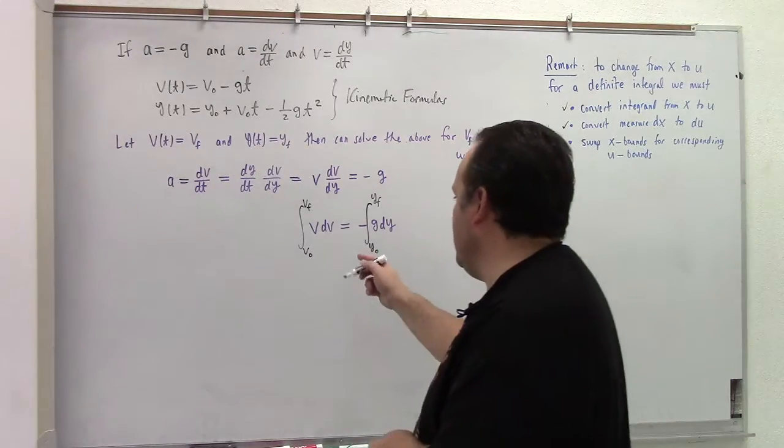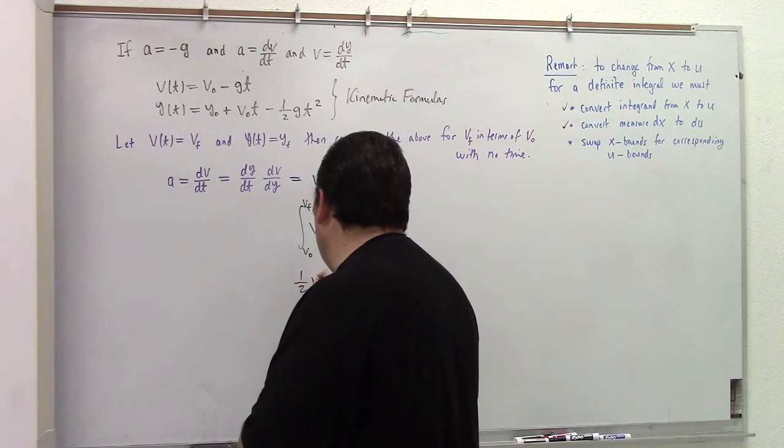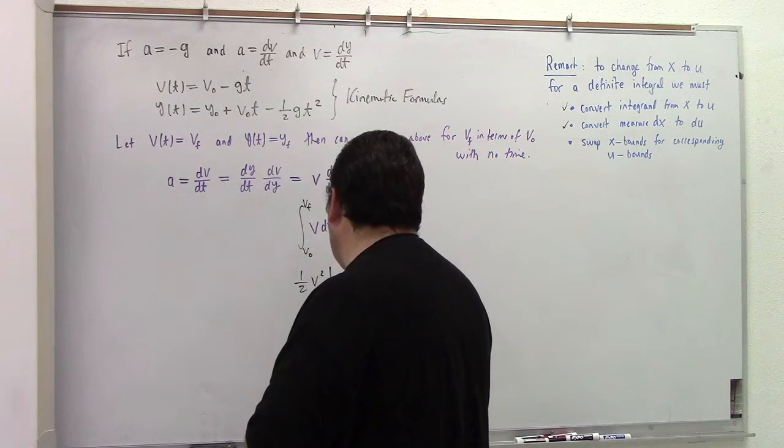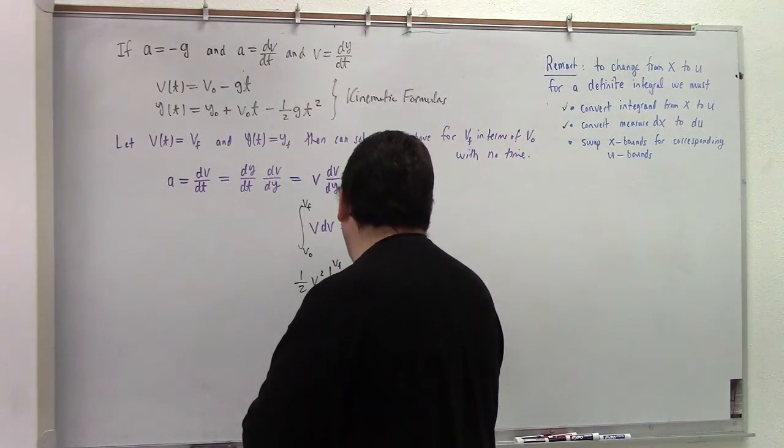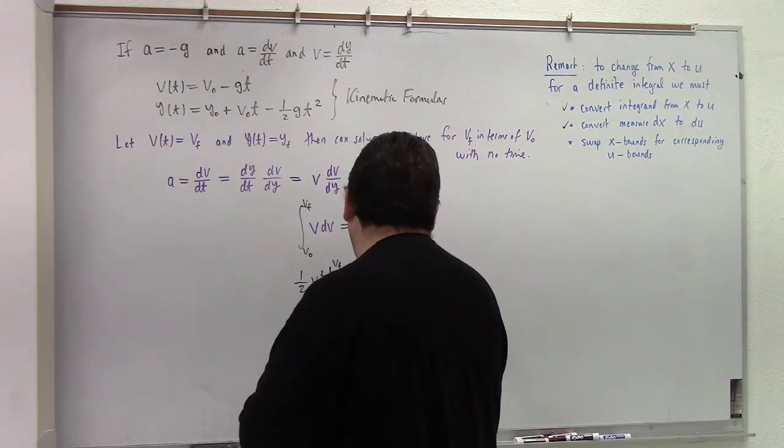But how do you integrate v dv? Well, that's 1/2 v squared, right? And I have to evaluate from v naught to vf. And integrate g, well, I got minus gy, evaluated from y0 to yf.